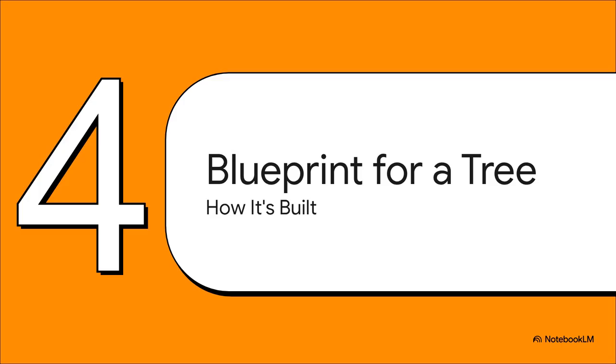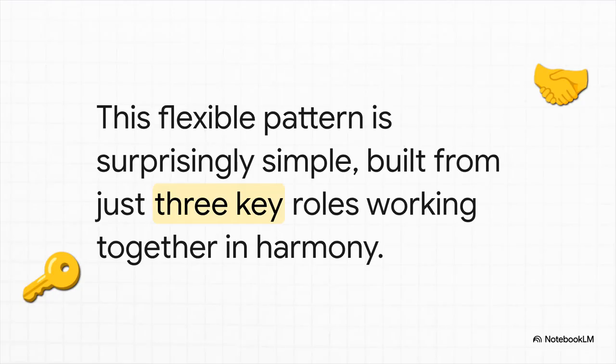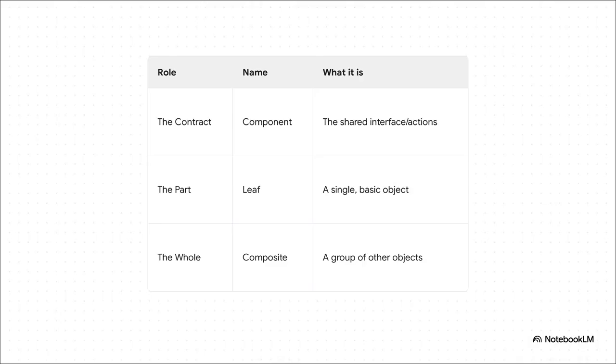Simple. Okay, so how do we actually pull this off? What's the blueprint for creating these super flexible tree structures in our own code? It's actually surprisingly simple. This whole powerful pattern really just boils down to three key roles that all work together in perfect harmony. All right, let's break them down. First up, you've got the component.